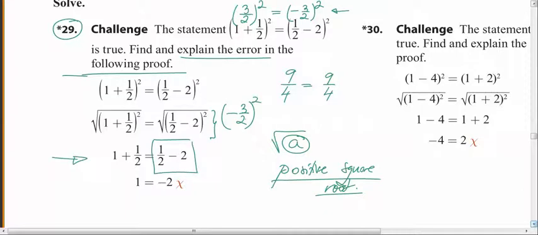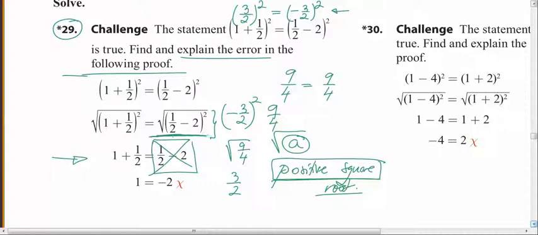Basically first you subtract 2 from 1/2, right? And then you square everything, you get 9/4, and then you have to take the square root of 9/4, and that will give you 3/2, because it has to be the positive square root. So this is where the flaw is, right?